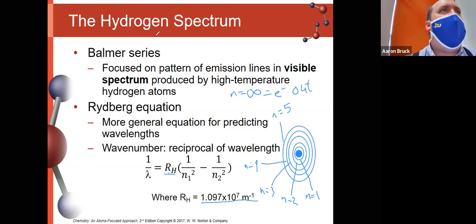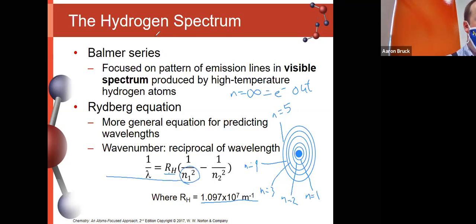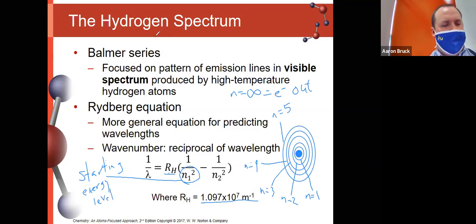This equation covers any transition of energy. N1 here would be our starting energy level. N2 would be our final energy level.